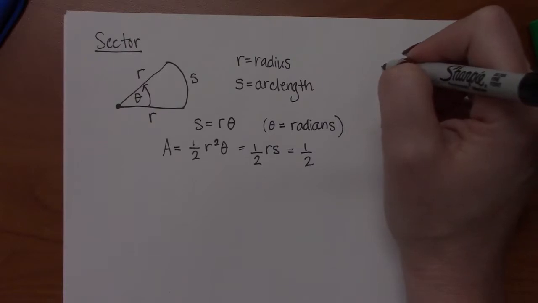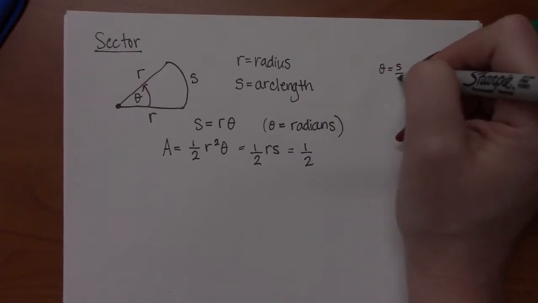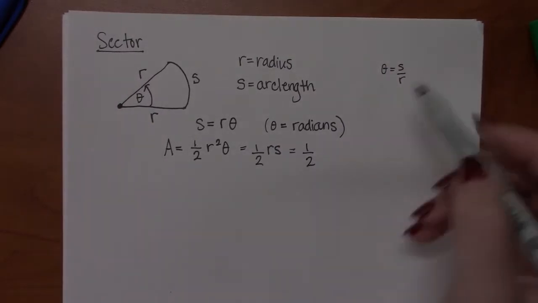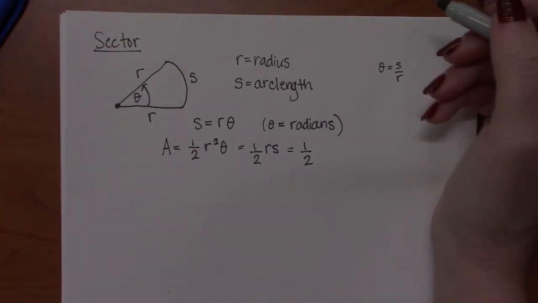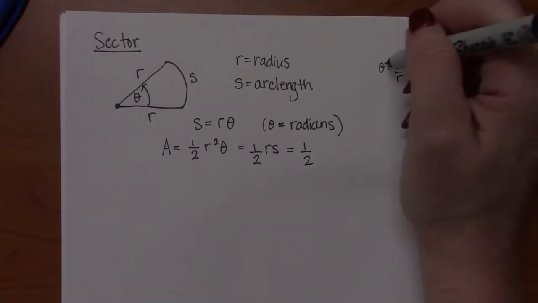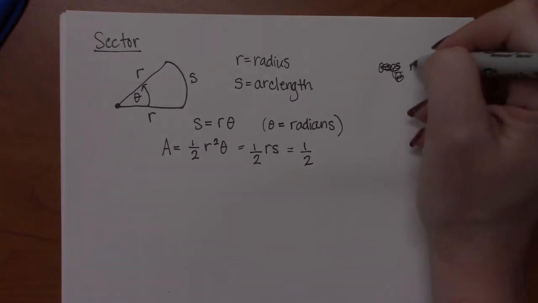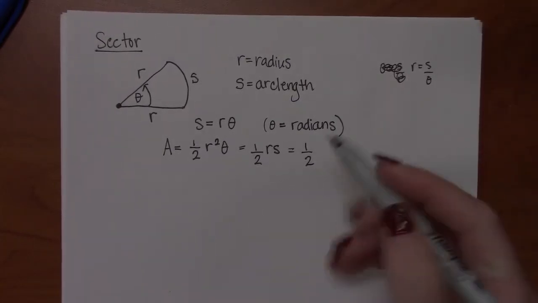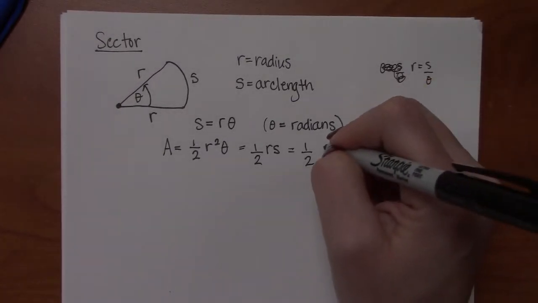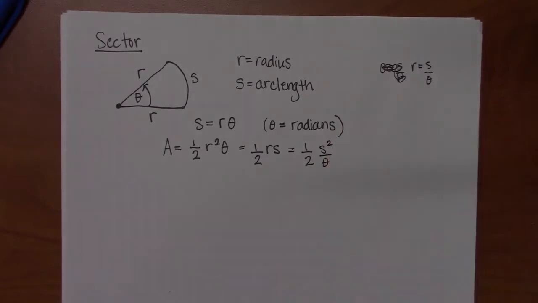So if theta equals s over r, then r equals s over theta. When I plug it in here, I'm going to get 1/2 s squared over theta.